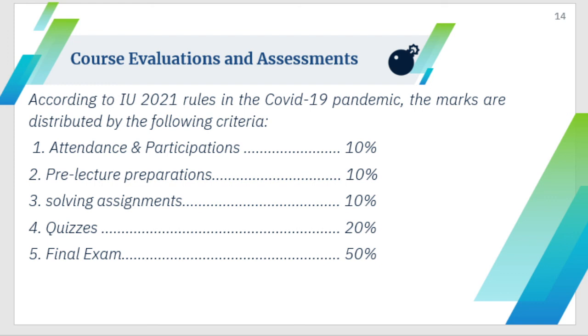I will provide you what to do next in every class. You will have 10% for solving assignments, which I mentioned before, the weekly short translation tasks and the long translation tasks. You will also have 20% for the quizzes, the highest 4 out of 5 quizzes. And the rest of the marks will be given to your final exam at the end of the course.